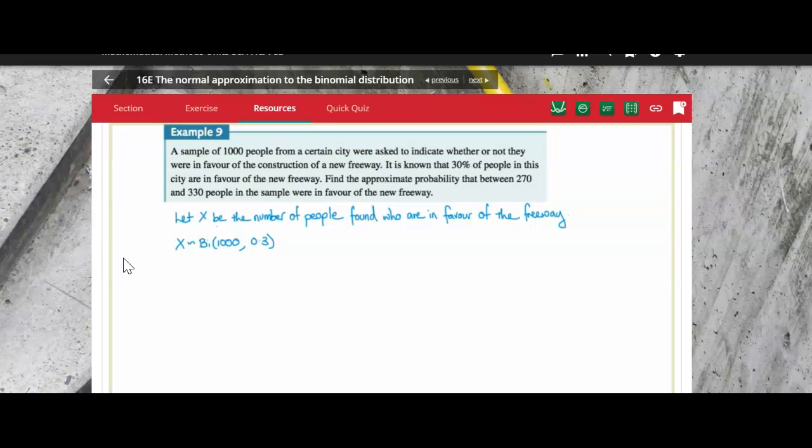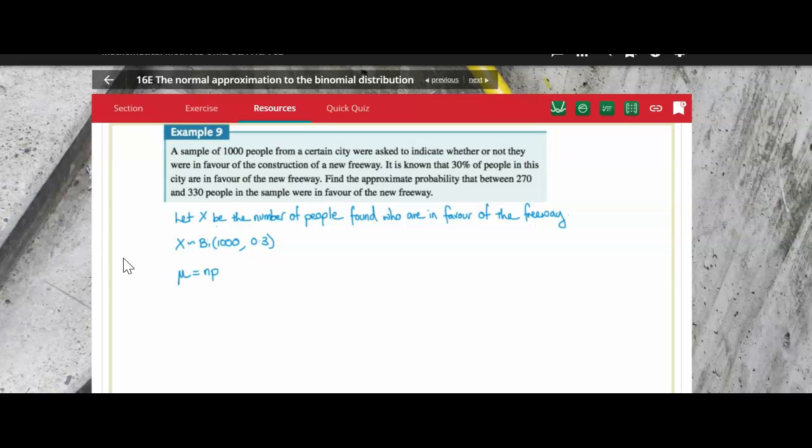If we want the approximate probability that between 270 and 330 people are in favour of the new freeway, what we need to do is turn this binomial distribution into a normal distribution. We know that the binomial distribution and the normal distribution are very similar in shape and size as long as N is sufficiently large. So I need to find my mean and standard deviation.